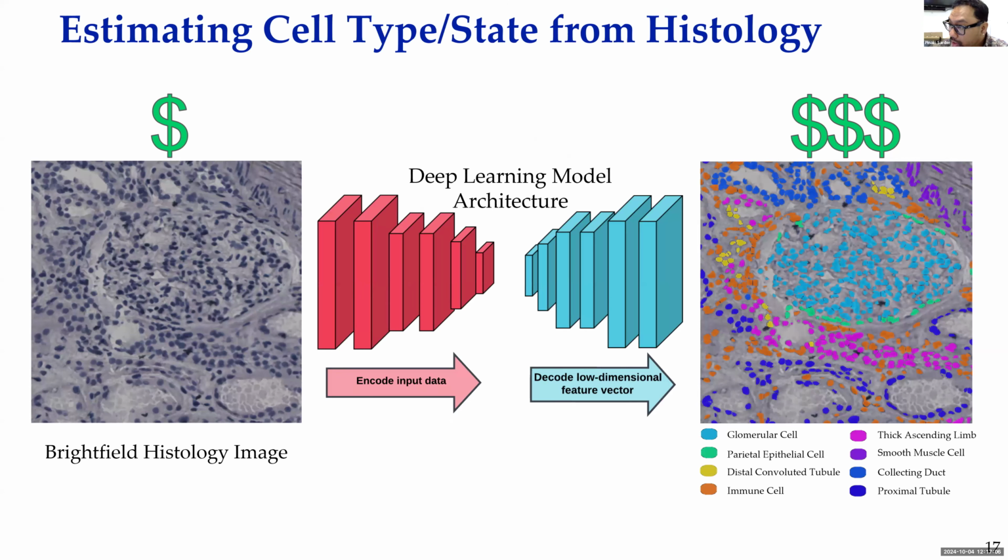To focus more, we'll start with solving a very interesting problem. Imagine you have a histology image from a tissue sample, which costs maybe $10 to $20 to generate in a clinic. We'll use a deep learning model to estimate measurements that would otherwise cost multiple thousands of dollars to generate from a histology image.